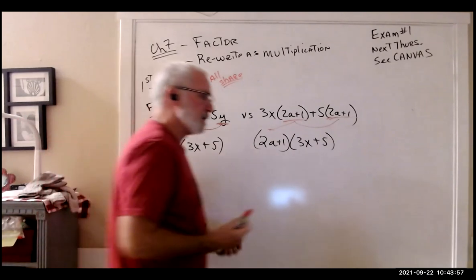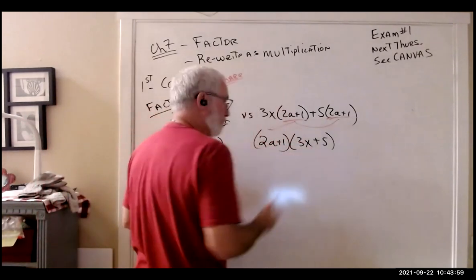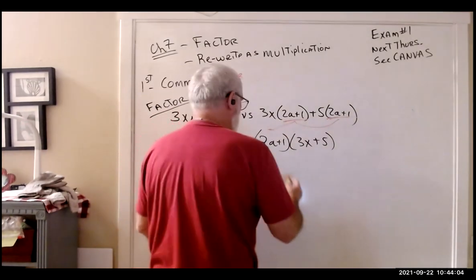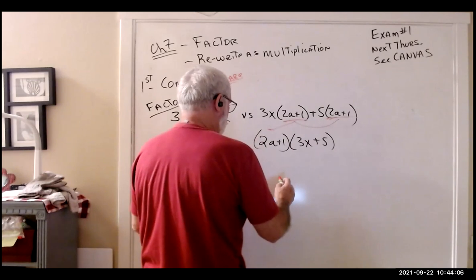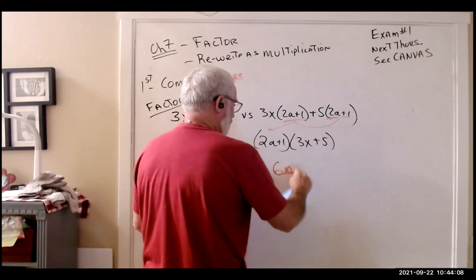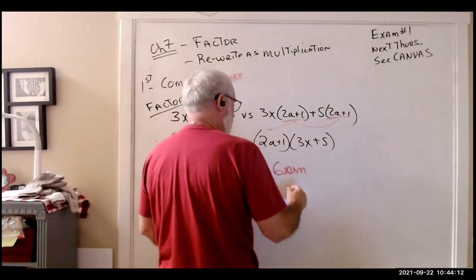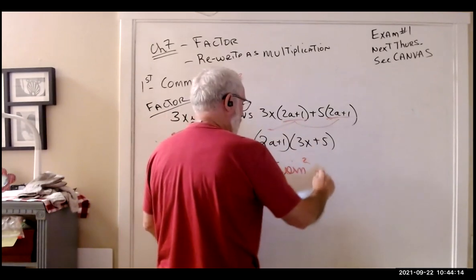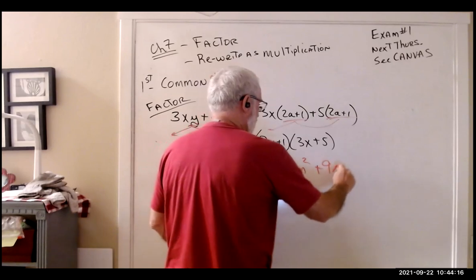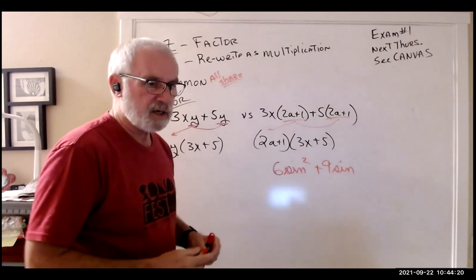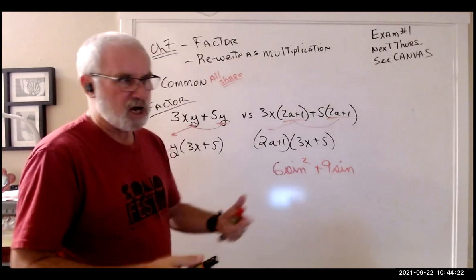Oh, heck, you want to see some, you don't, but too bad, some trigonometry? Suppose you had 6 sine squared plus 9 sine. Now I know it says sin, but in trigonometry we say sine.